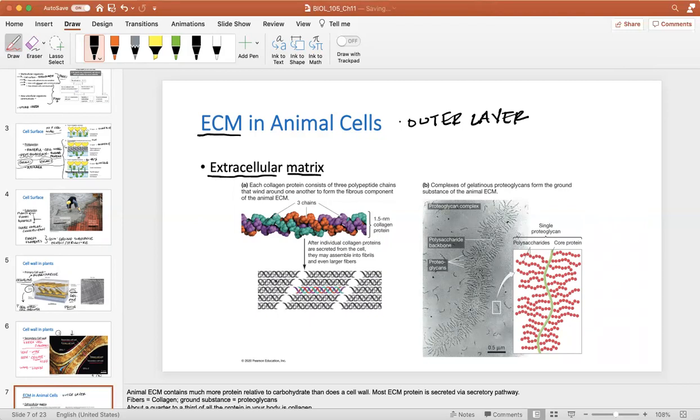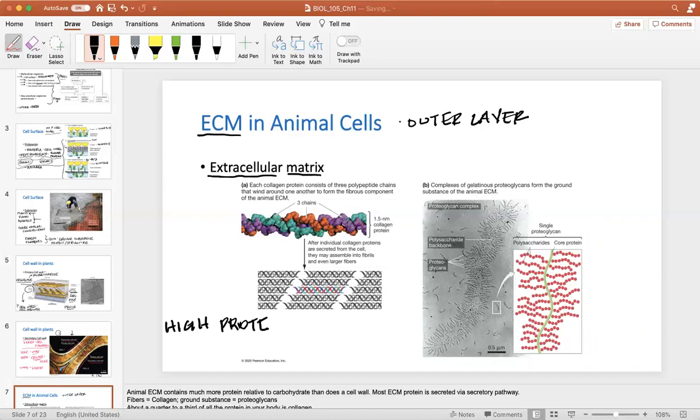It is also going to conform to our structure rules where it's a bunch of fibers that are embedded in a ground substance. What differs in animals is that the fibers tend to be higher in protein and not so much about the carbs, okay?